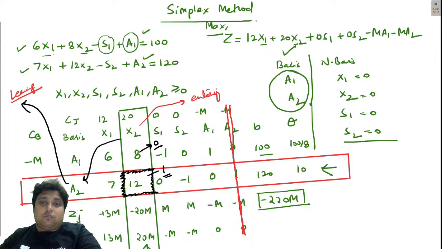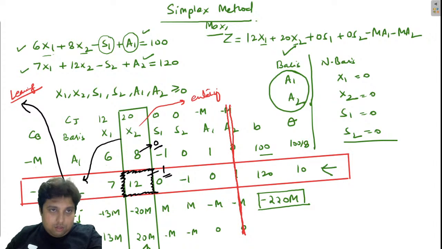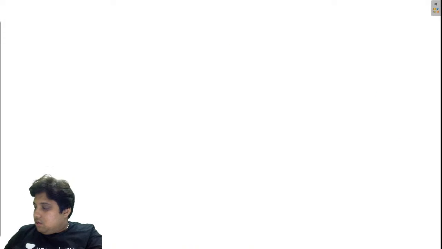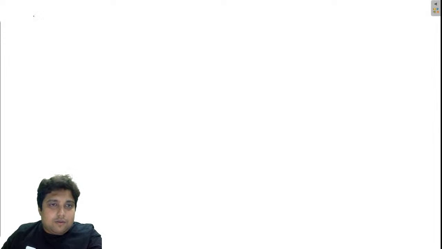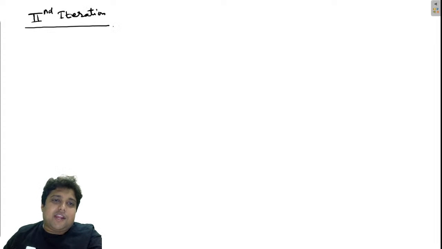Let me move on to the second iteration table. Second iteration. So CBCJ basis.